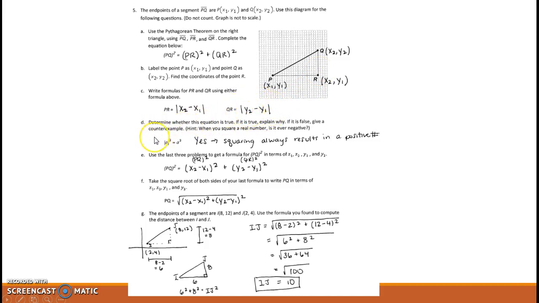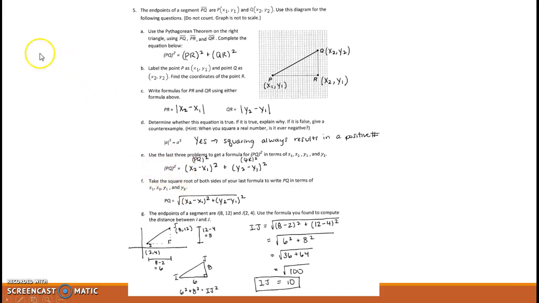Now, part D is just having us think about squaring versus absolute value. Whenever we square a number, the result is always positive. So what we do in this notation, instead of using absolute value, we just square. Since that's part of the Pythagorean theorem, we don't need the absolute value anymore.